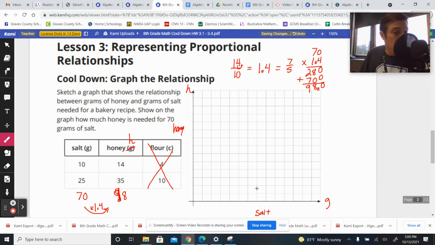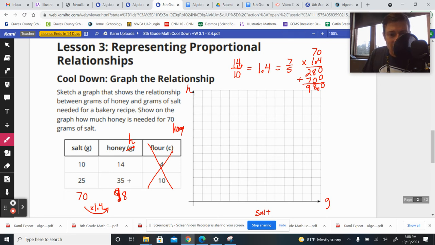We need to choose some intervals on the scale for our axes that will fit 98 for honey vertically and will fit salt 70 within its realm. So let's start with the honey. We need to get up to 98. We've got 1, 2, 3, 4, 5, 6, 7, 8, 9, 10, 11, 12, 13, 14.